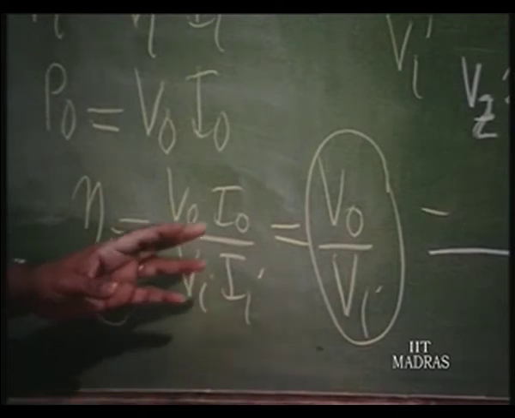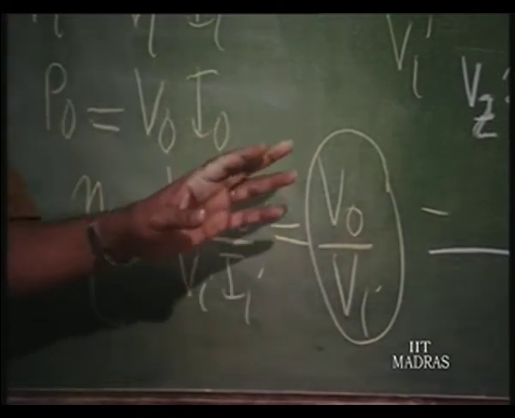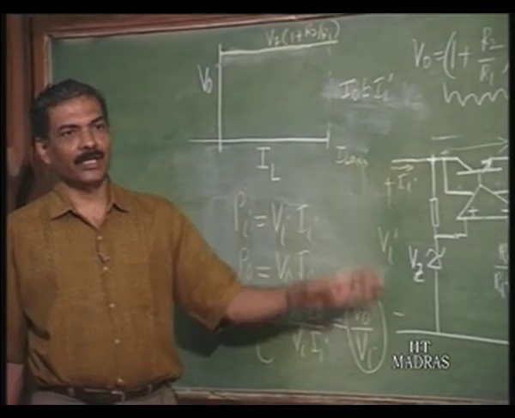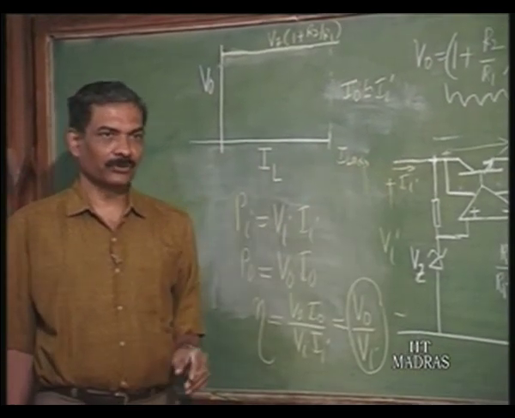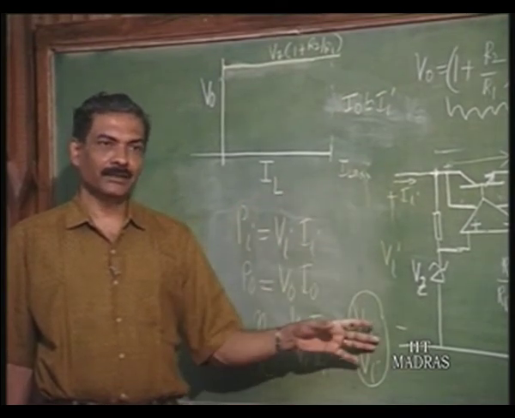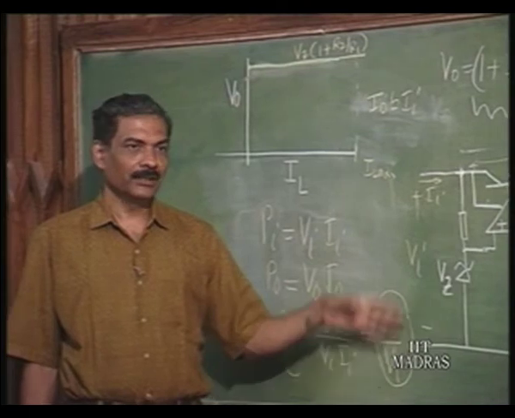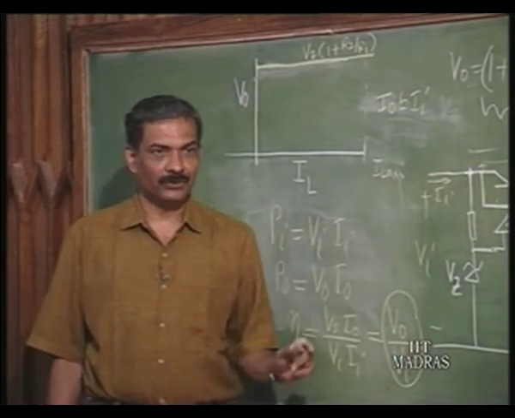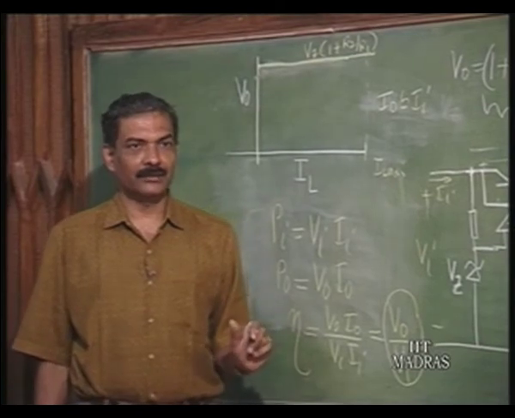So, if I want to regulate a voltage where the input is changing from, let us say, 5 to 10 volts, I want the output to be 4 volts. Output voltage has to be always less than the minimum voltage at the input. So, input is changing from 5 to 10 volts, output has to be 4 volts, maintained constant.